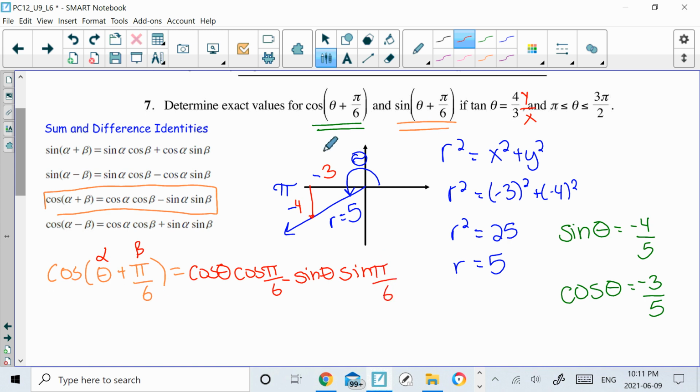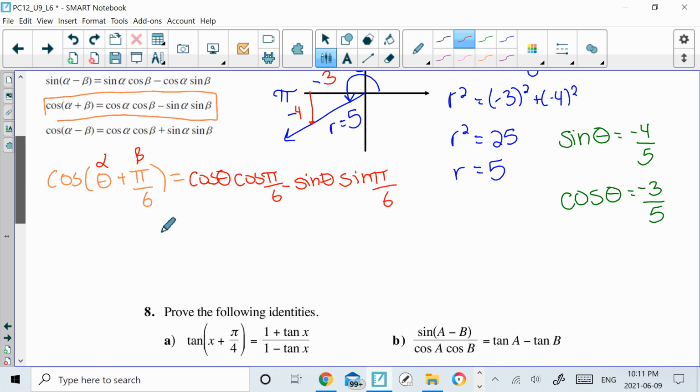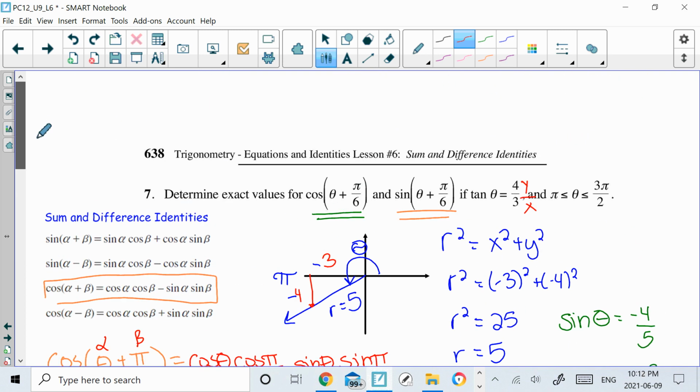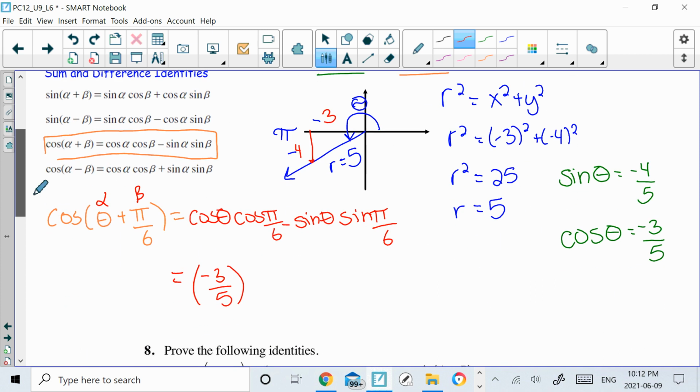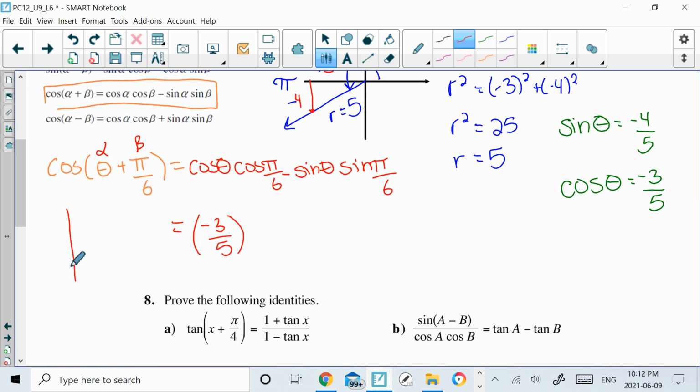So the exact value for the cos of theta plus pi over 6 is going to be the cos of theta, that is -3/5. The cos of pi over 6 is going to be on your unit circle. But pi over 6 is 30 degrees.